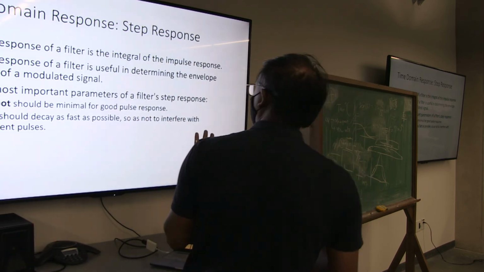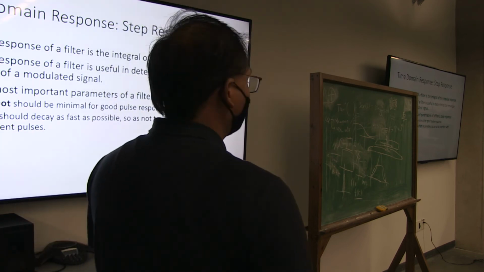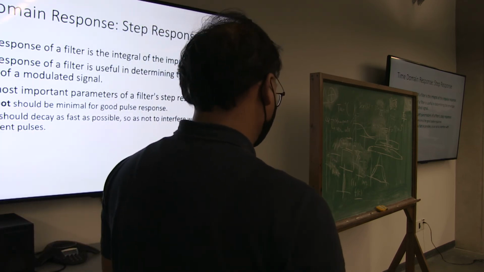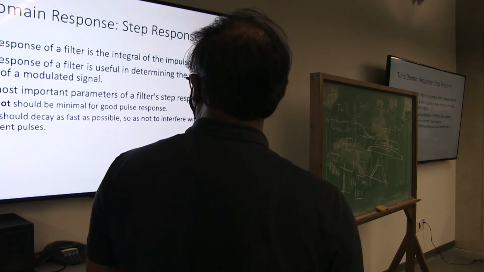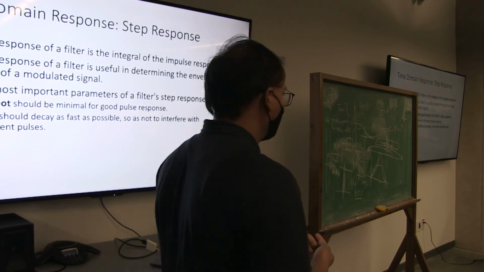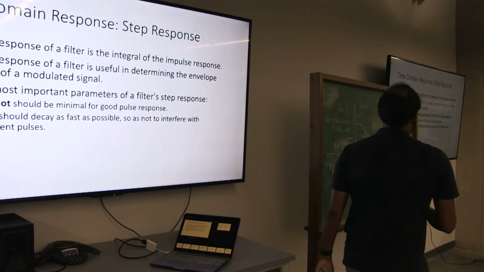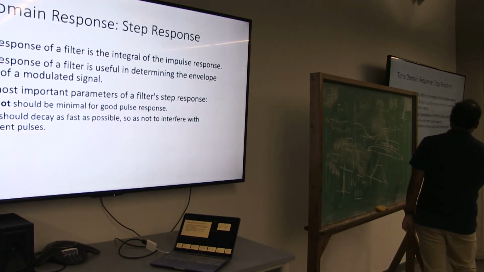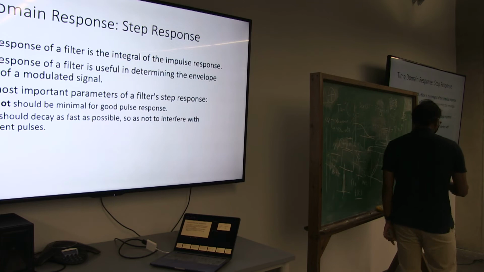And then the next response, the time domain response, the step response, which is the second time domain test that we do for any kind of filter. Here there are again two parameters of interest: what is the overshoot and what is the ringing involved.